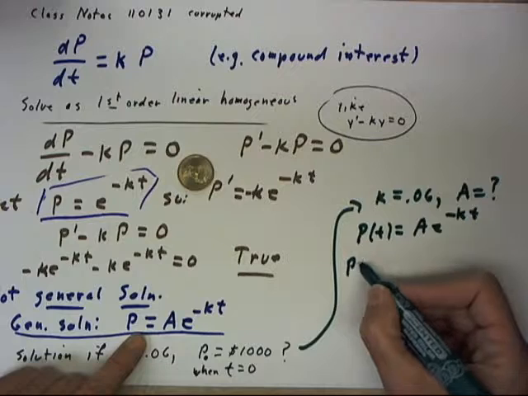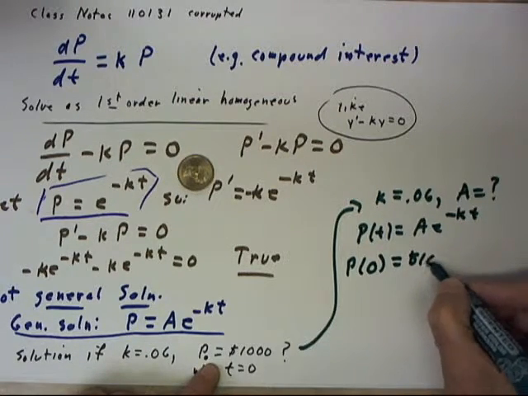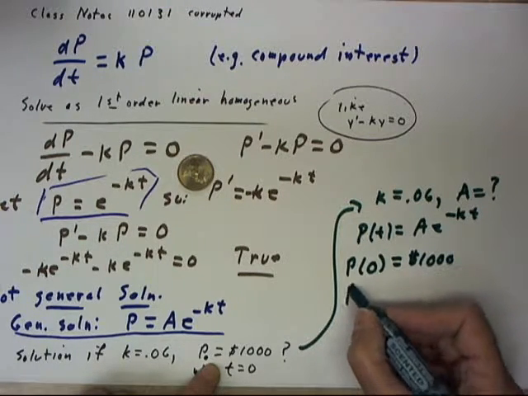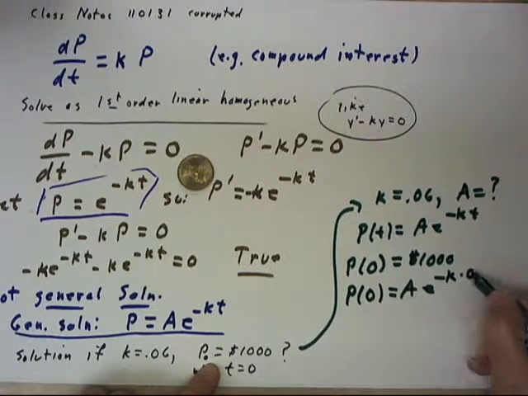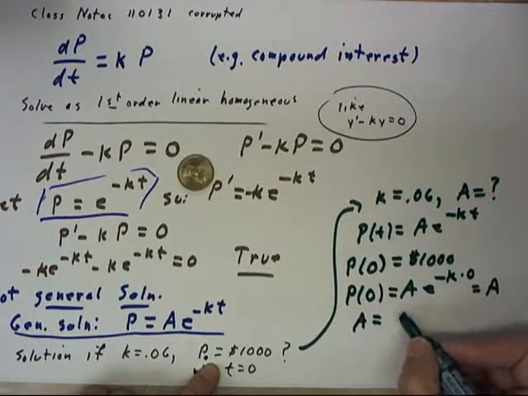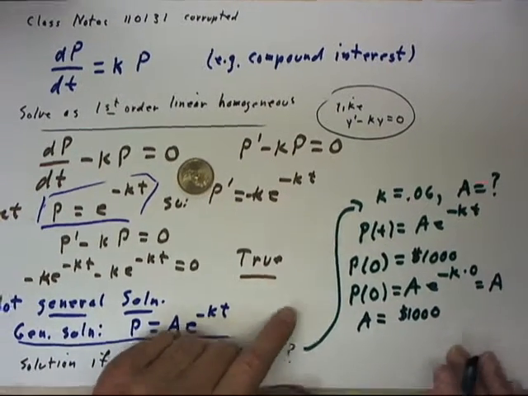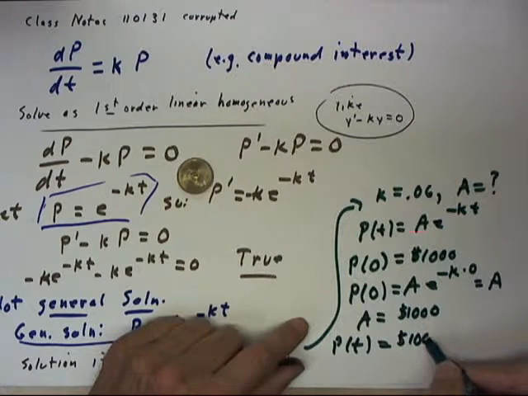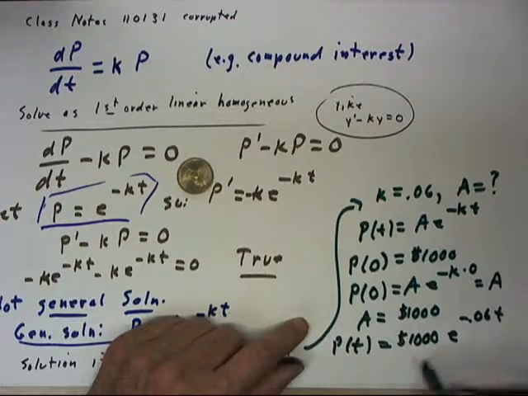If P of 0, our principal at time t equals 0, is $1,000, then since P of 0 equals A e to the negative k times 0, which equals A, we have A equals $1,000, and our function becomes P of t equals $1,000 times e to the negative 0.06 t.